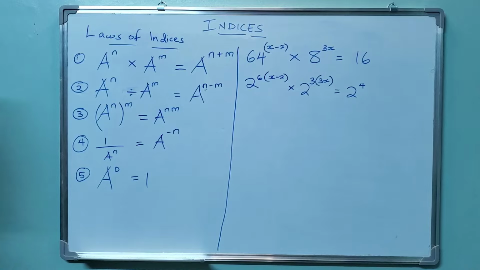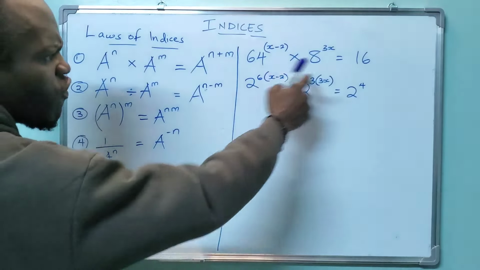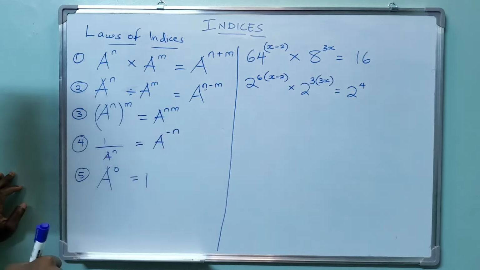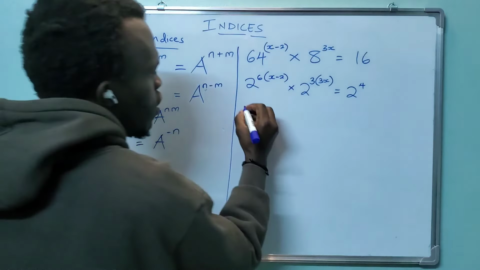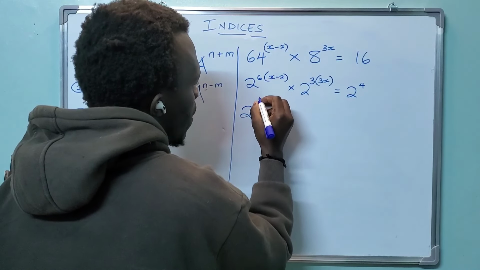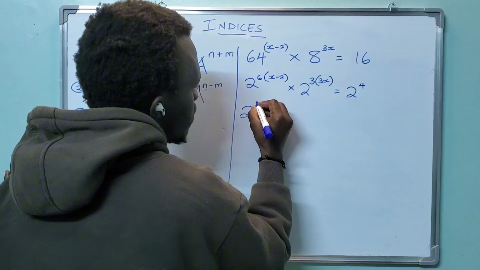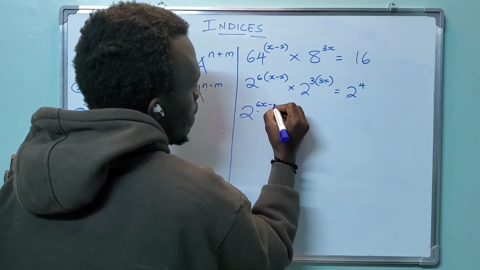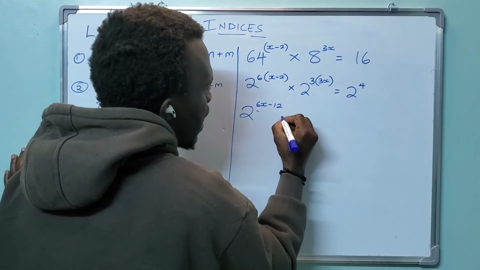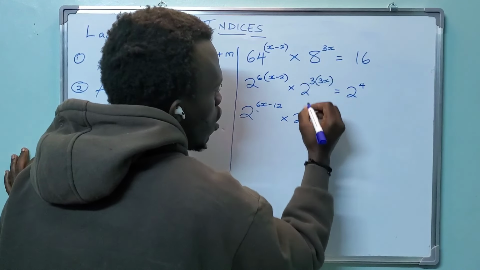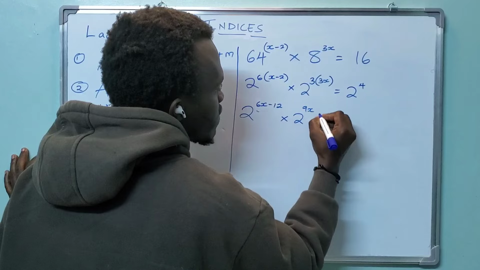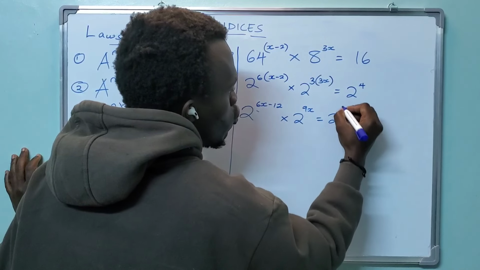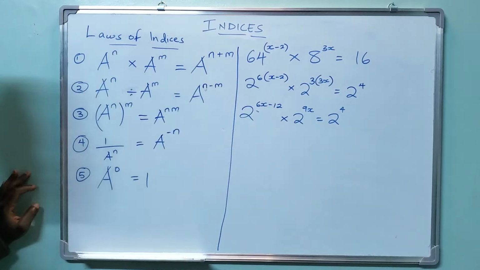Now, once we've done that, first of all, we are going to open up the bracket that is on our powers. So I'm going to have here 2 raised to power 6x minus 12 multiplied by 2 raised to power 9x being equals to 2 raised to power 4.